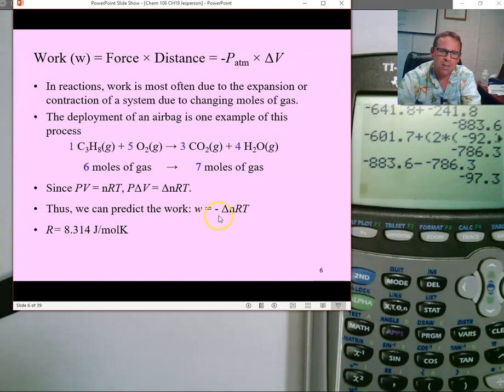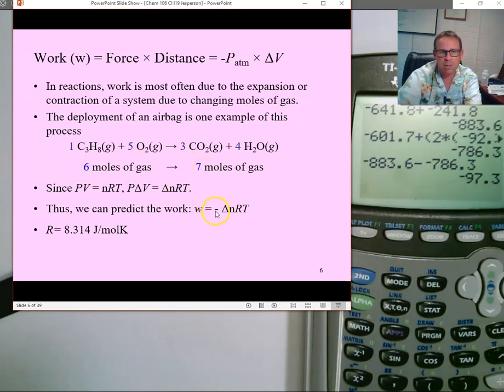Now, we throw in a negative sign because we want the work energy to have the same type of relationships in terms of positive or negative to the delta H, the heat energy. Delta H, a negative sign, means the reaction releases energy. So if this is a positive number, products minus reactants, that would mean the reaction would release energy.